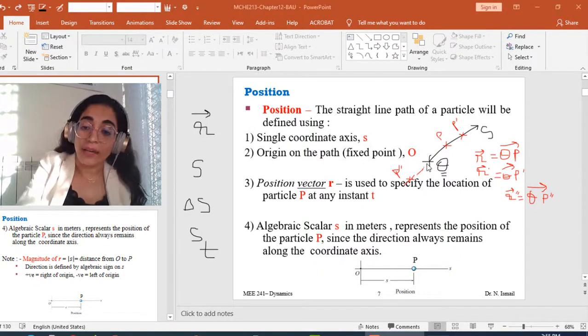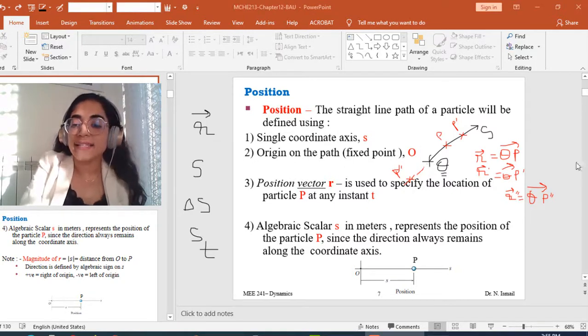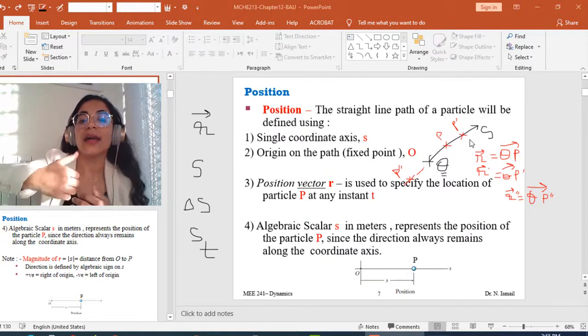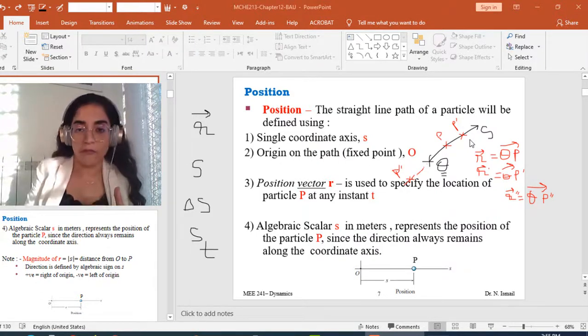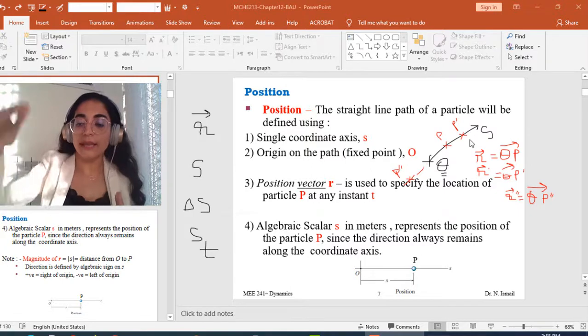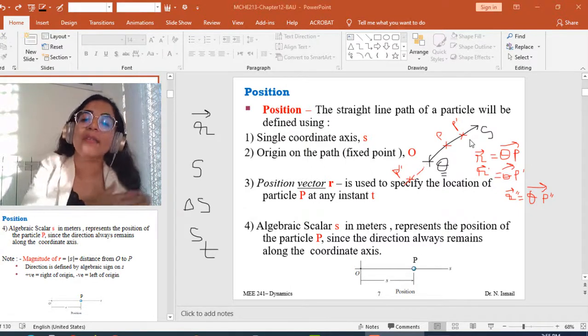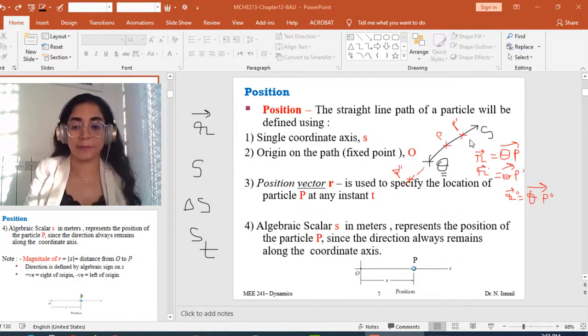If not, like OP double prime, it should be negative. Alright, so guys, this means that R and R prime are positive vectors because they are vector positions at the right side of O with S. And OP double prime is negative because it is at the other side of S. It is in the negative axis.